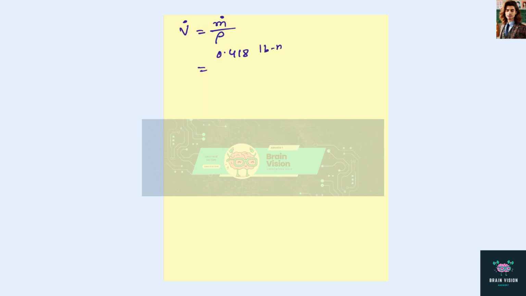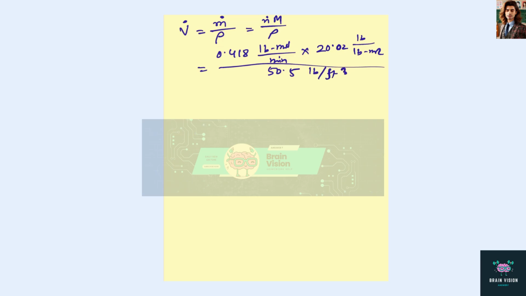The mass flow rate is 0.418 pound mole per minute multiplied by the molar mass of nitrogen, which is 28.02 pounds per pound mole, divided by the density of nitrogen, 50.5 pounds per feet cubed. Therefore, we get 0.232 feet cubed per minute.